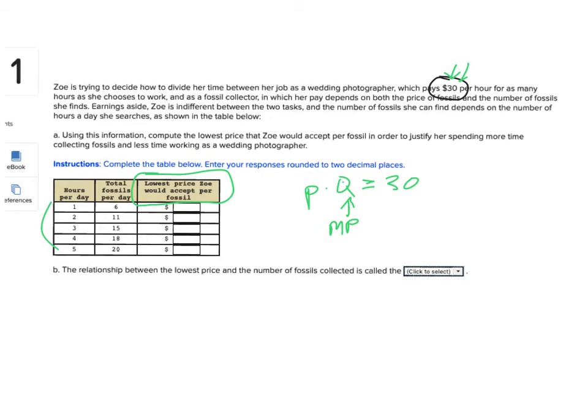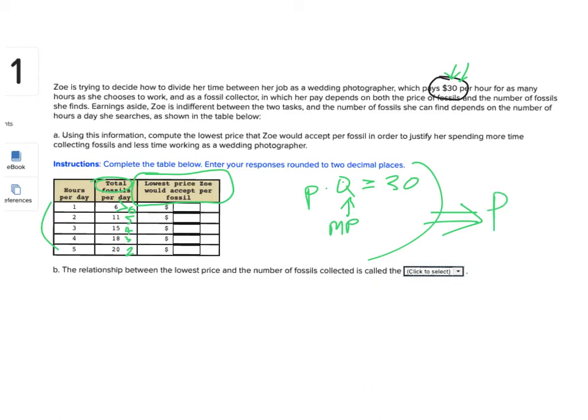So we notice we have this total product information. We first have to figure out what she gets each hour. So the first hour gets her 6, second hour gets her 5, 4, 3, 2. So we can manipulate this expression, we divide both sides by marginal product.